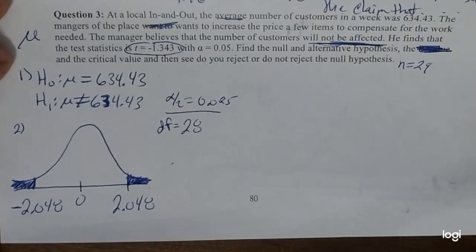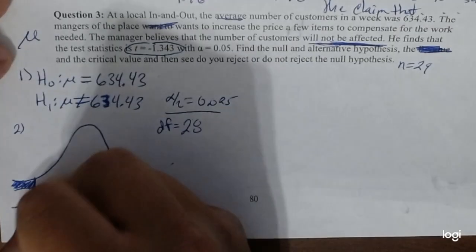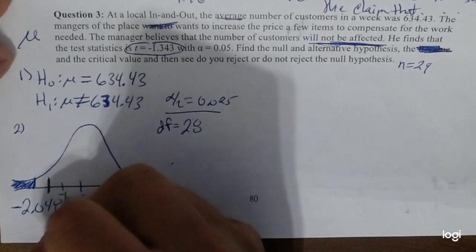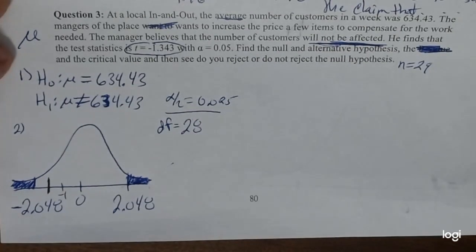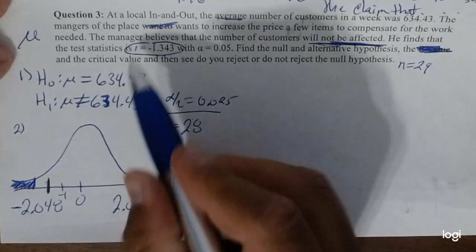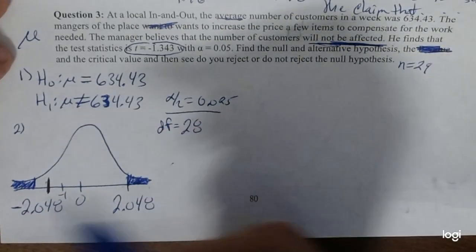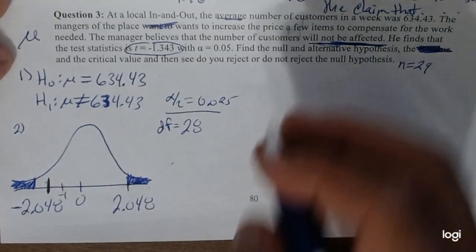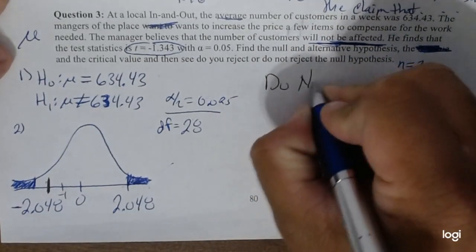Now again, it doesn't have to be precise. All you care about is roughly where it's going to be. So I know it's going to be here, somewhere between -1 and let's say -2. The question is, is our test stat in the rejection regions? And it's a no. Because it's no, therefore we do not reject.